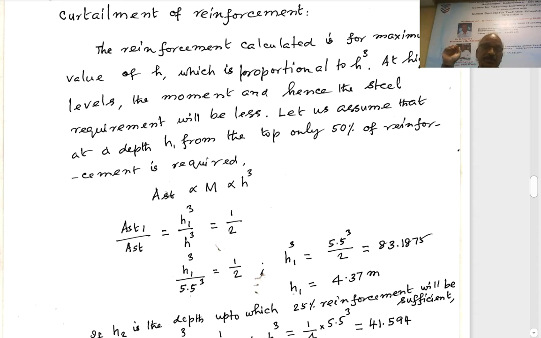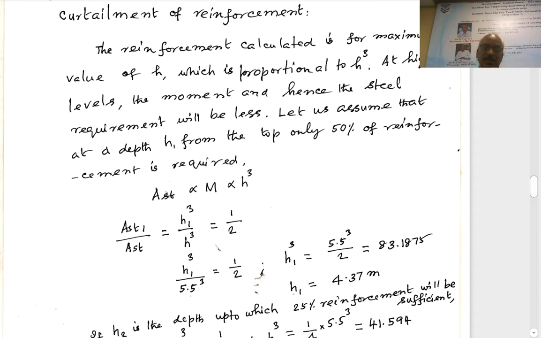Let h1 be the height at which 50% of the reinforcement can be curtailed. The reinforcement at that section we will call Ast1. So Ast1 by Ast equals h1 cube by h cube. Or when we provide 2 bars as Ast, in Ast1 you can provide only 1 bar, 50% can be curtailed.